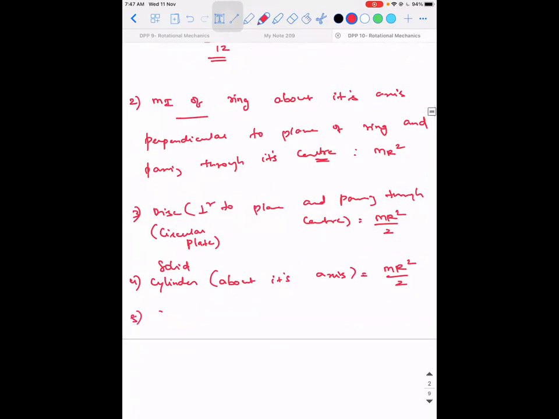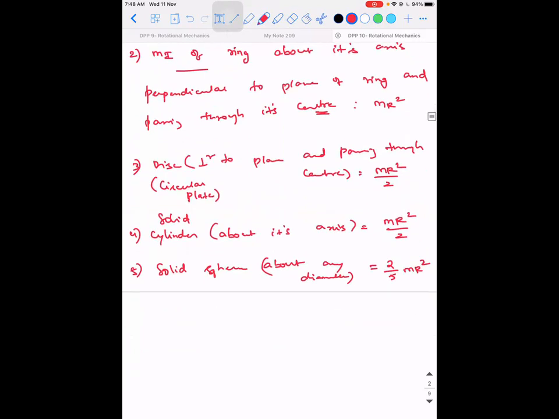Next, when you talk about a solid sphere about any diameter, solid sphere about any diameter, what is the value? It is 2 divided by 5 mr square. Sometimes they will talk about a hollow sphere also.